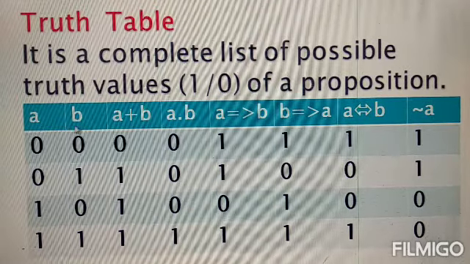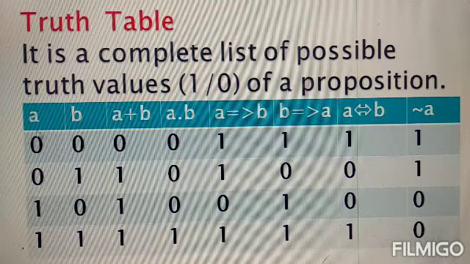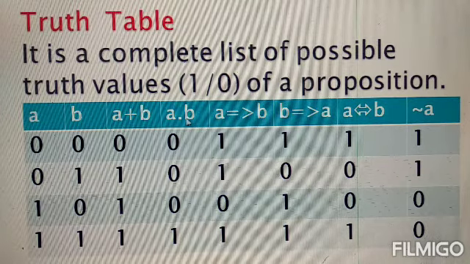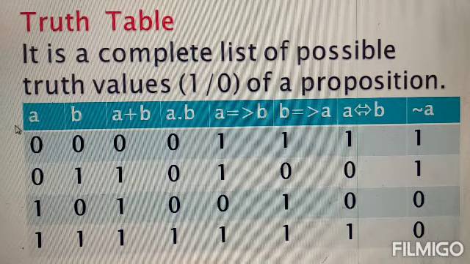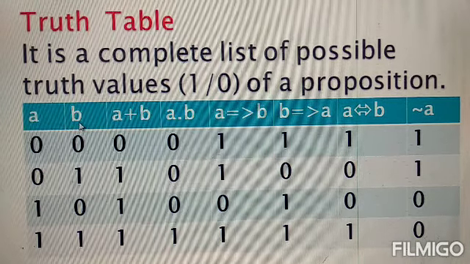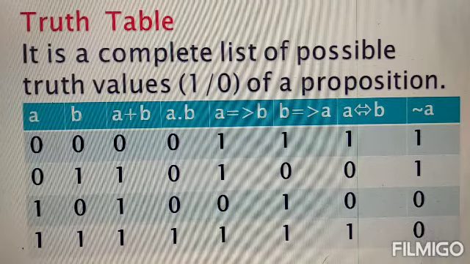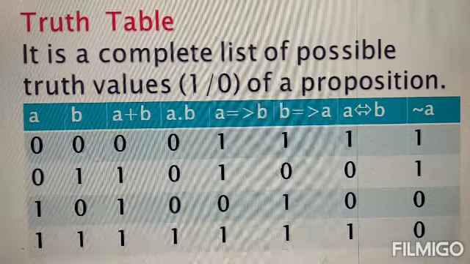Here we are using two Boolean variables A, B, and for these two we'll be using different compound propositions. Now here we have two variables A and B. So for A and B, how many combinations can we have in the truth table?